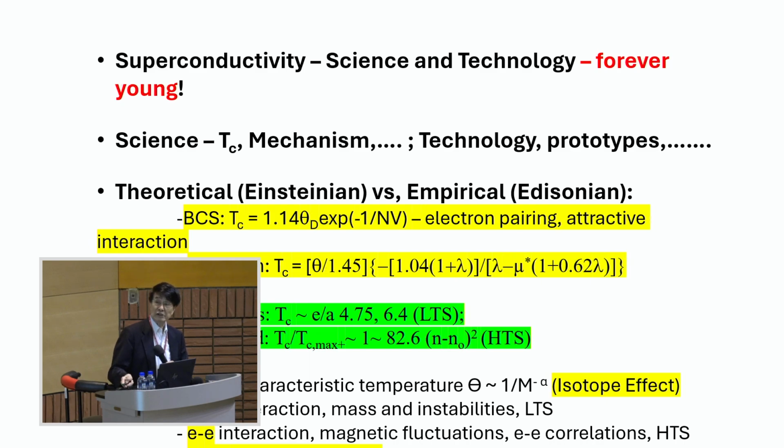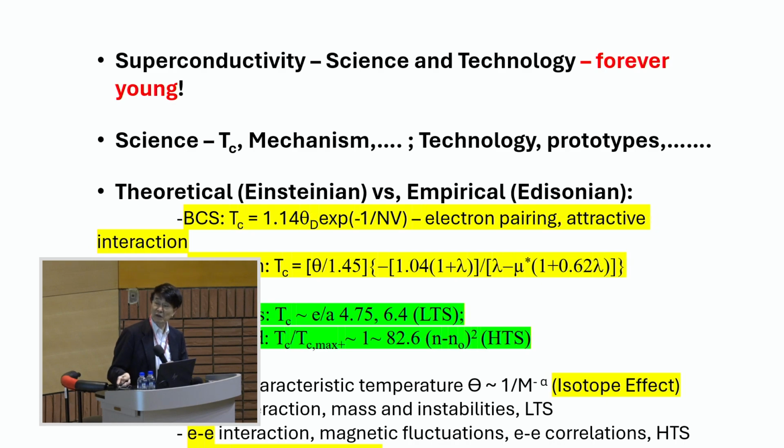So in summary, for the BCS theory, there's a characteristic temperature theta, the Debye temperature, which represents the lattice vibration frequency. Later on, people expanded it even to the electronic interaction situation.